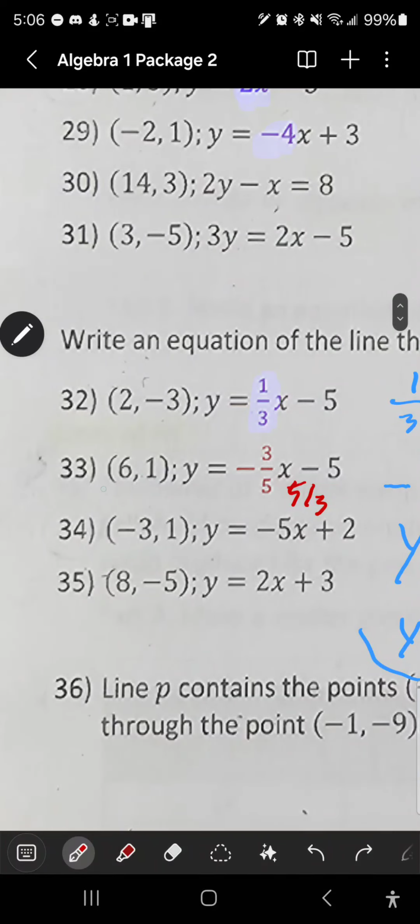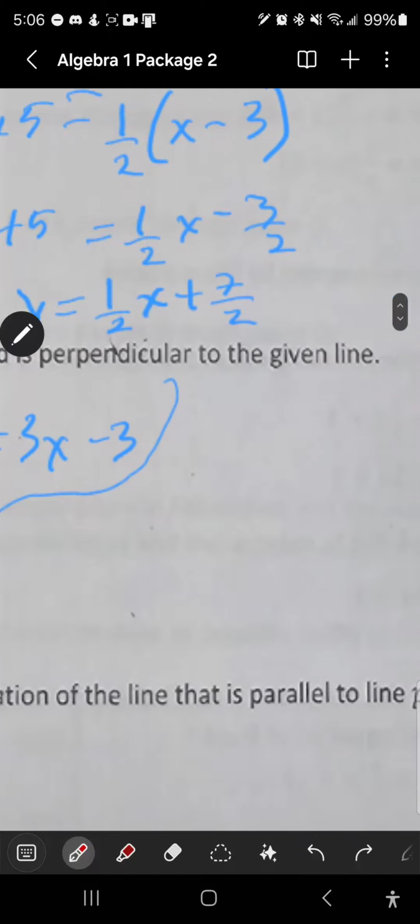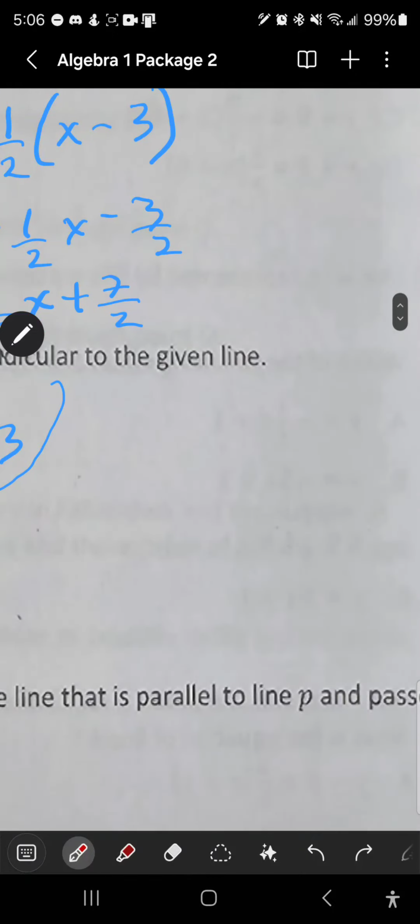And the new equation needs to pass through this point. So we know that the slope is m equals y minus y1 over x minus x1.